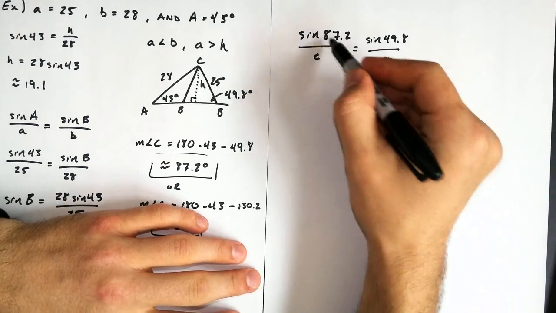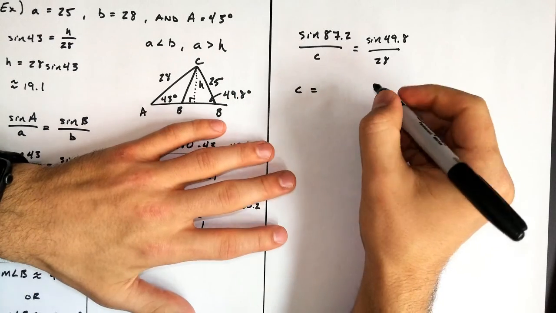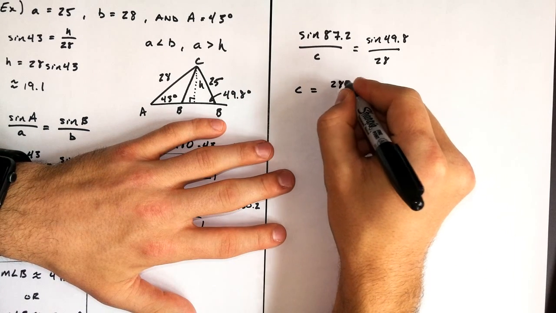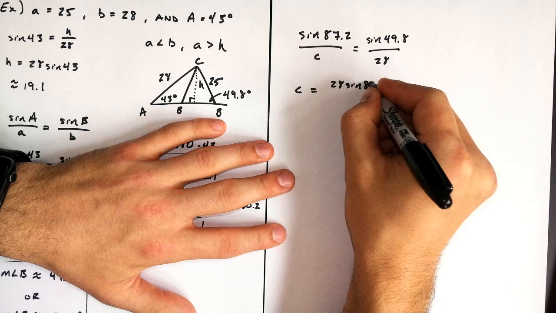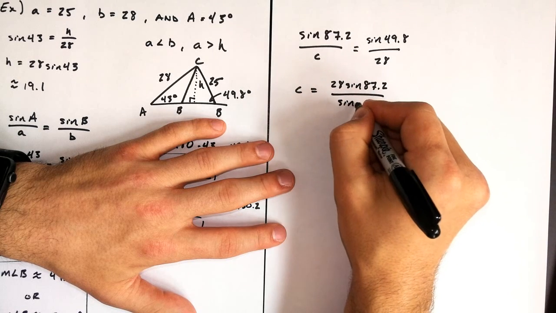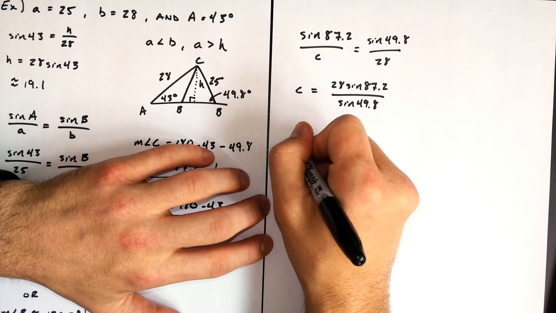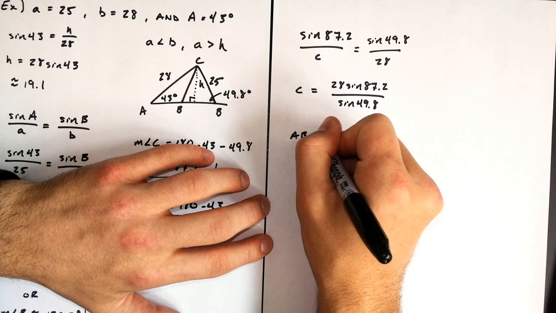Again, this is a proportion, so we can use our cross product, and we end up with C is equal to 28 times the sine of 87.2 divided by the sine of 49.8. So that is one possibility for side length AB.